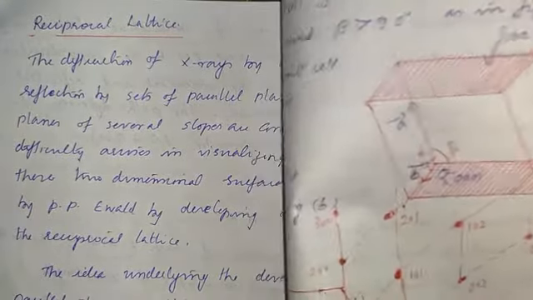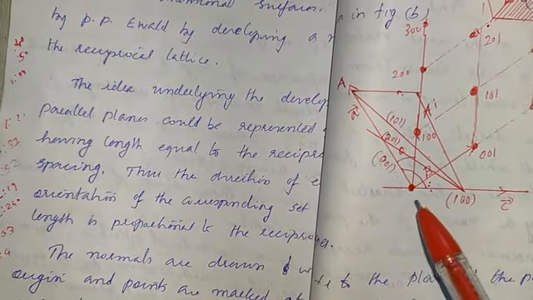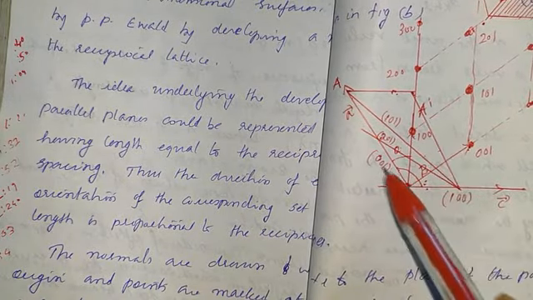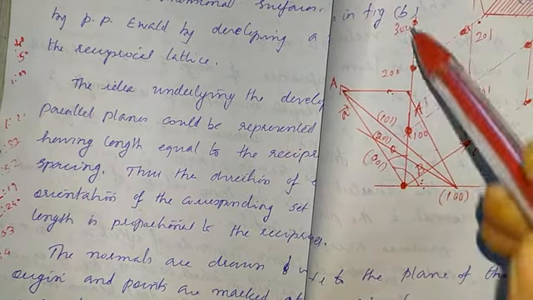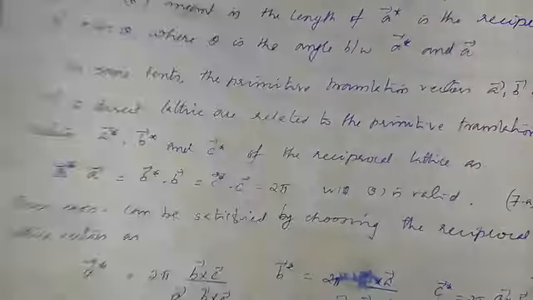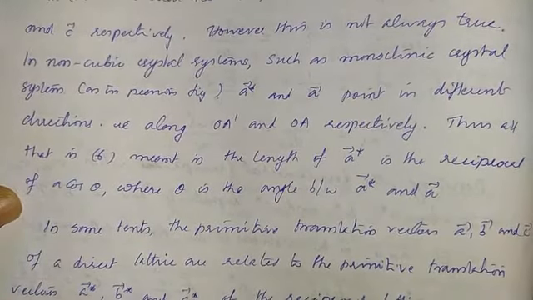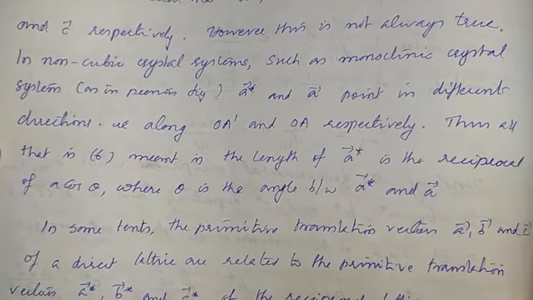So this is shown here. This is OA and this is OA prime. So a is pointing in this direction, a star is pointing in this direction.